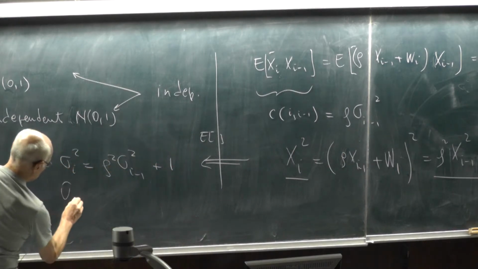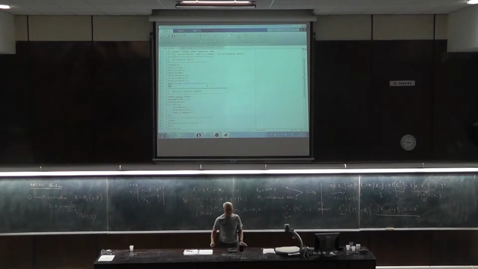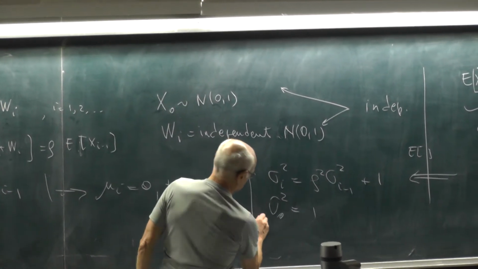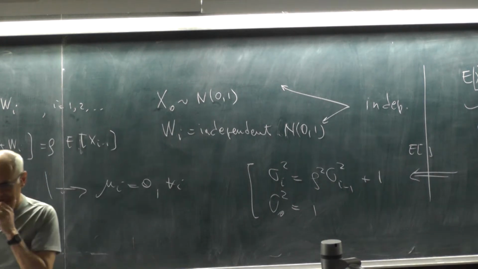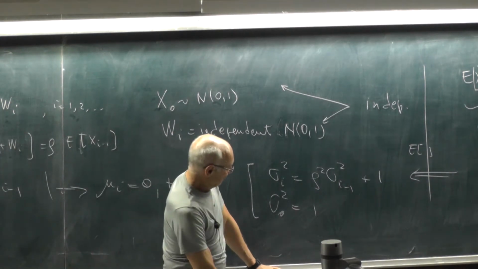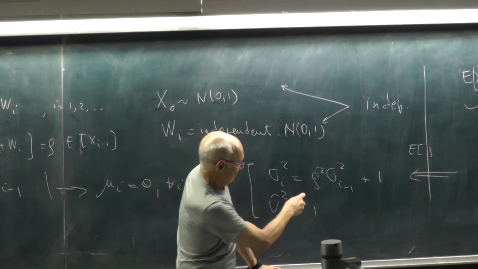And again, what's the initial value? One. Okay? So when I start from the very beginning, i equal to 1, what do I get here?